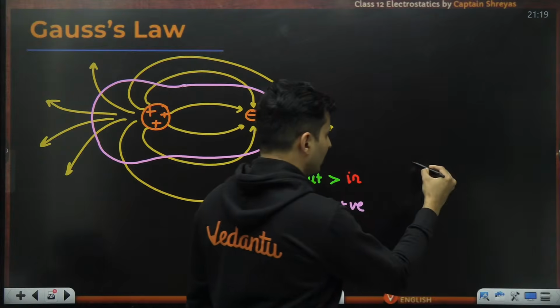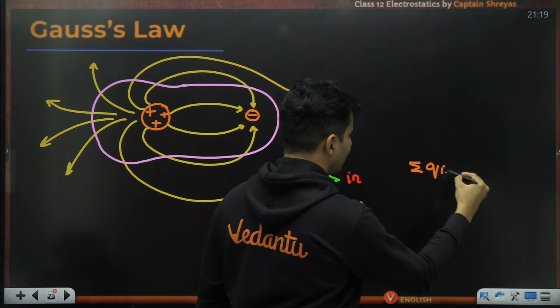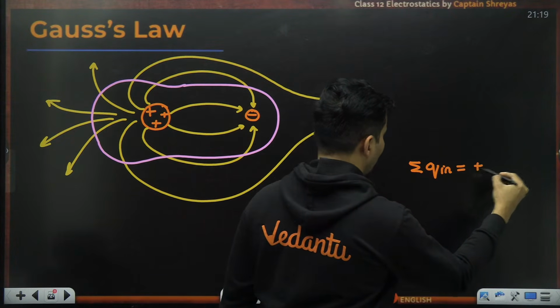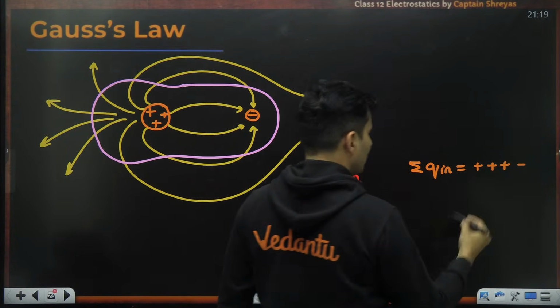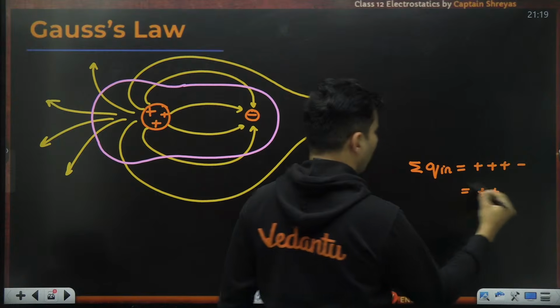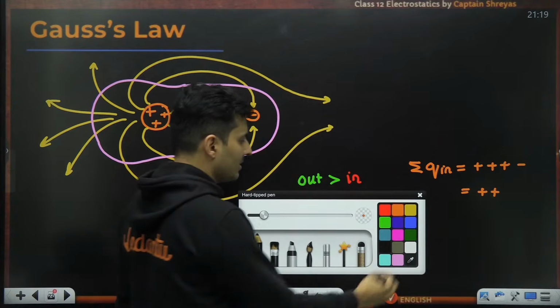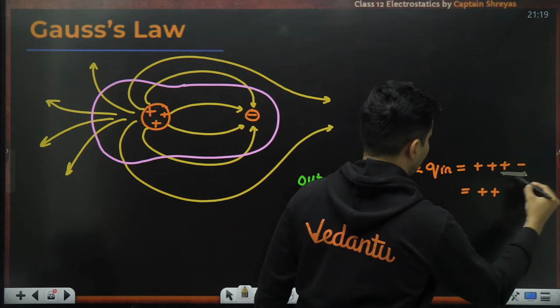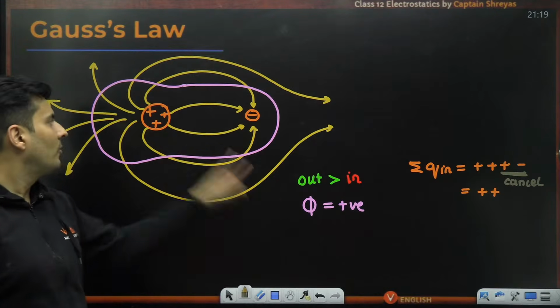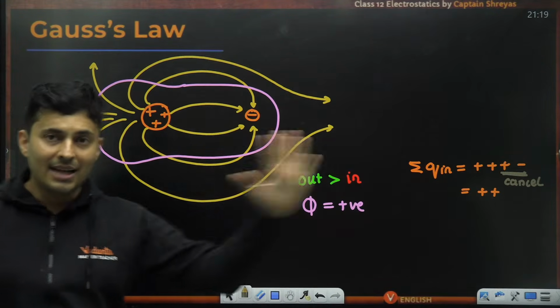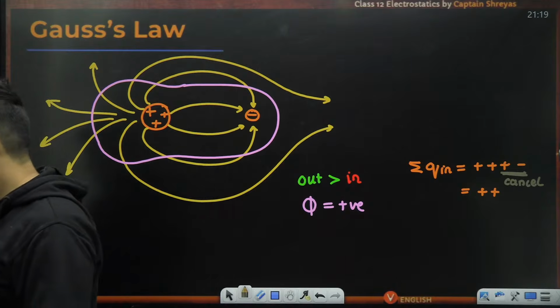If you count the total charge inside, it is more positive than negative. Some of the charges might just end up cancelling each other. So net charge is positive, so flux is also positive. As simple as that.